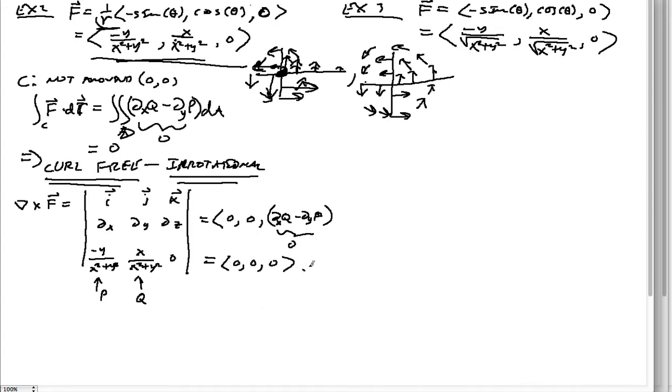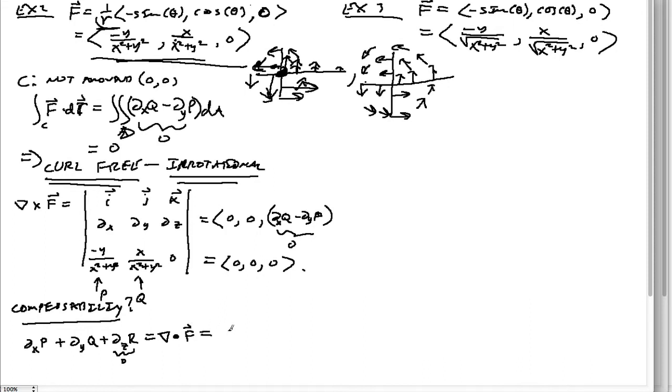Okay. So the next thing we want to check then is what about the compressibility? And so we want to take the divergence, and so let's do that. So what we have to do is take the partial with respect to x of P, the partial with respect to y of Q, plus the partial with respect to z of R, which since R is 0, we can write that as 0, and that's the divergence. So we can quickly do that.